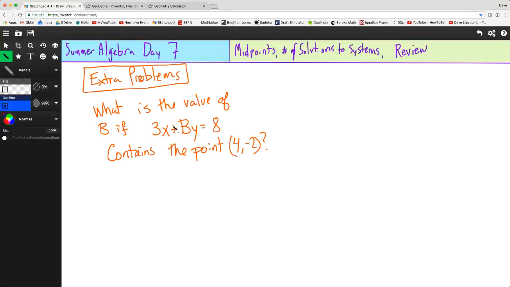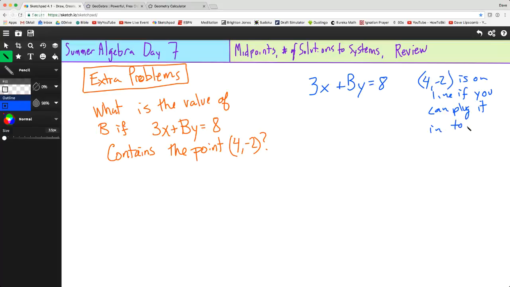So what does it mean for a line to contain a point? Well, it means that if 4, negative 2 is on the line, you can plug it in to the equation and make a true statement.